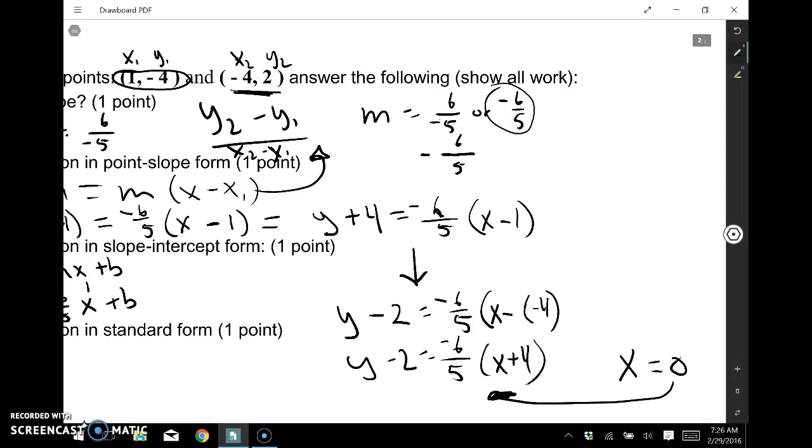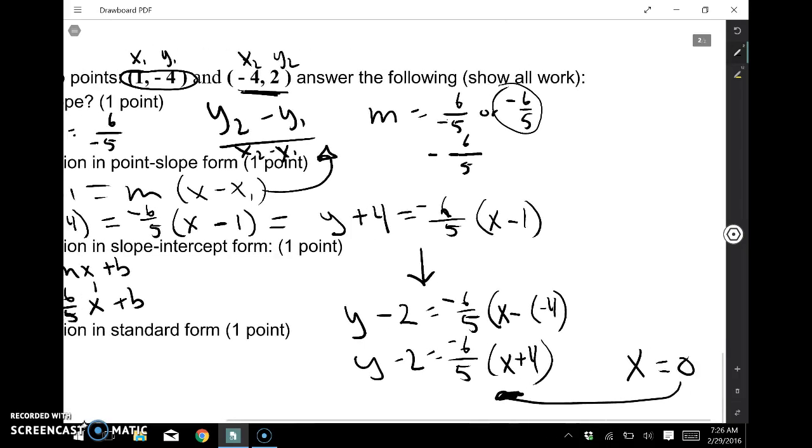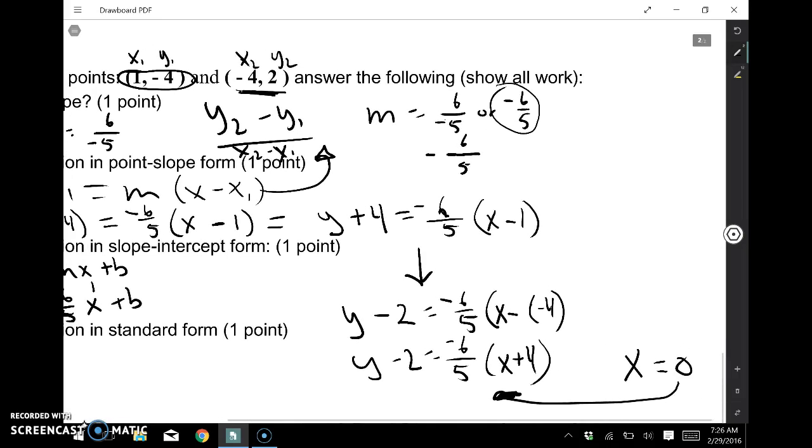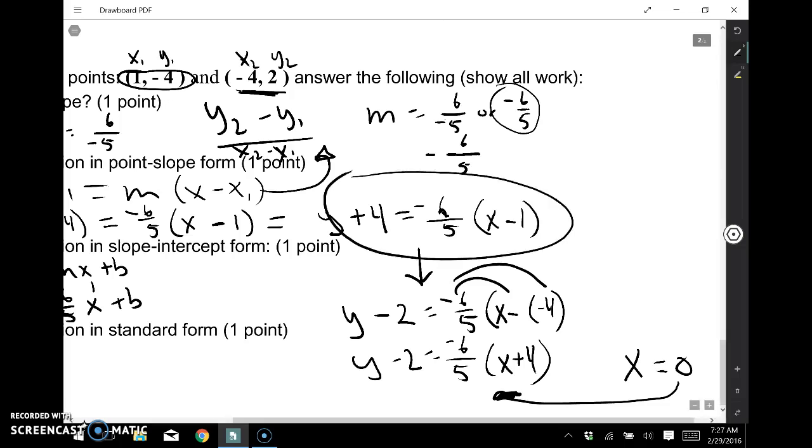So either way would work. I'm going to go ahead and do it using my point slope form. I actually oftentimes use point slope form to find my y-intercept because you can always just do the third way, which is do the distributive property and then combine like terms and move the -2 over to the other side. You can do it with the top one. You can do it with this one too and get the same answer.